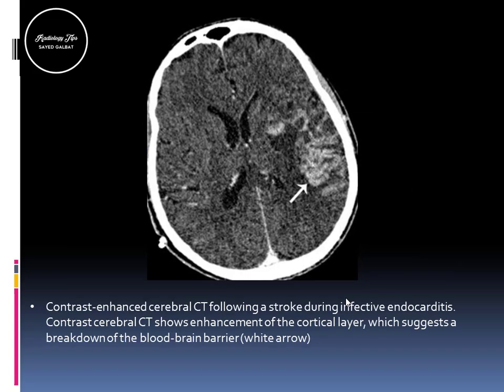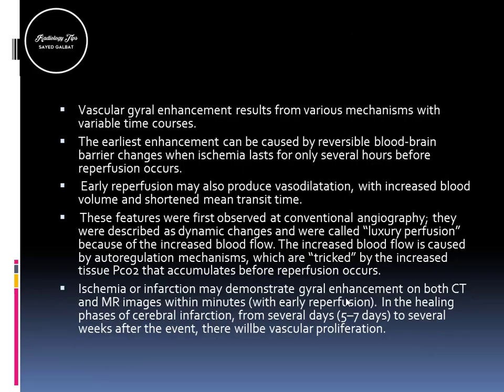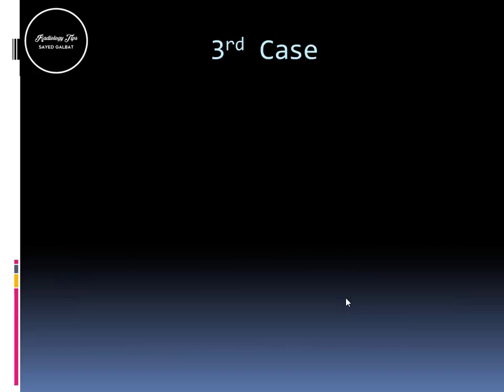Again, gyral pattern of enhancement. More pictures. This is infarction, and then left MCA infarction with gyral pattern of enhancement also. Okay, so the contrast is useful, right? In terms of angio. Maybe it's not useful in the delayed phase, as you said from the start.